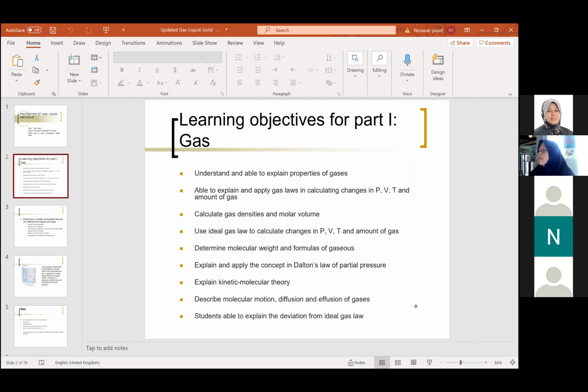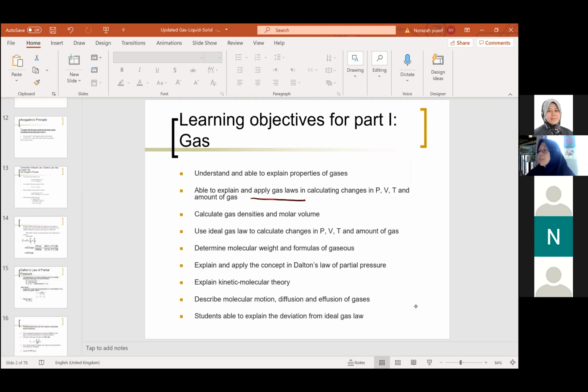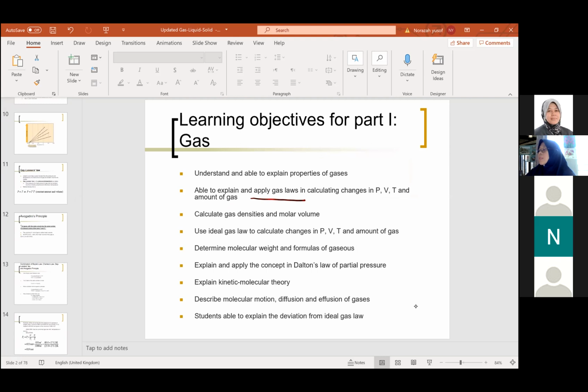So for learning objective, of course, you have to know all the gas laws. There are Boyle's law, Charles's law, and the combined gas law. Boyle's law, Charles's law, and the other one is between P and T, Gay-Lussac's law.